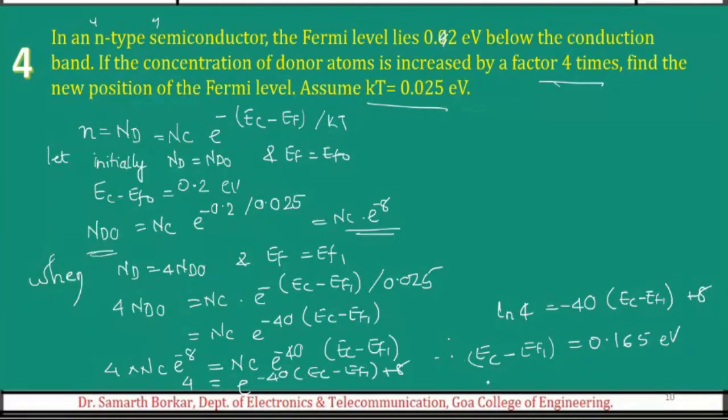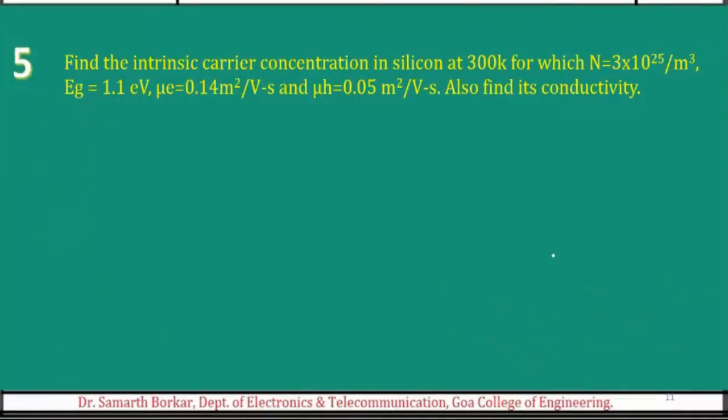So this is the new position when the concentration of donor atoms is increased by a factor of 4. In the last problem, we had seen what is the effect on the Fermi level when the temperature is changed. Okay, simple problem.